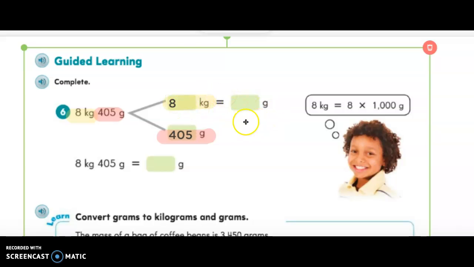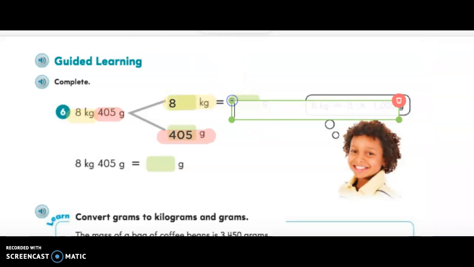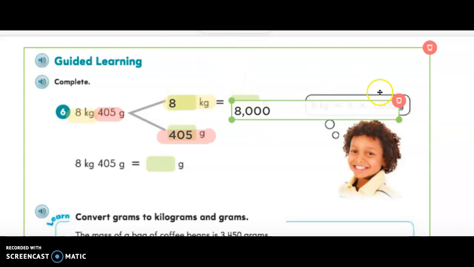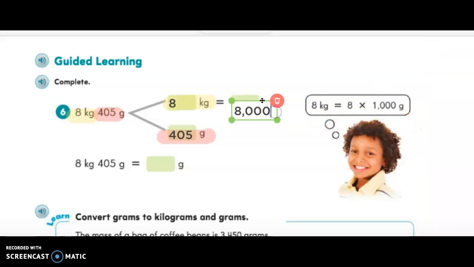Now, we need to convert 8 kilograms into grams right here. This is the thought process that we want to be using. We know that there are 1,000 grams in a kilogram, so in order to figure out 8 kilograms, we simply need to do 8 times 1,000 grams to see that that is equal to 8,000 grams.